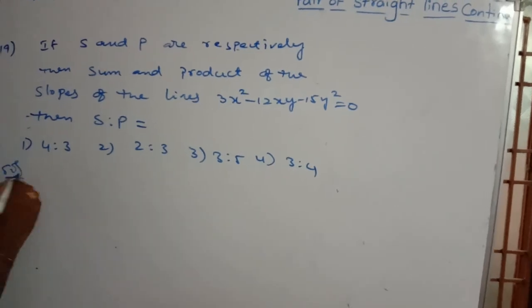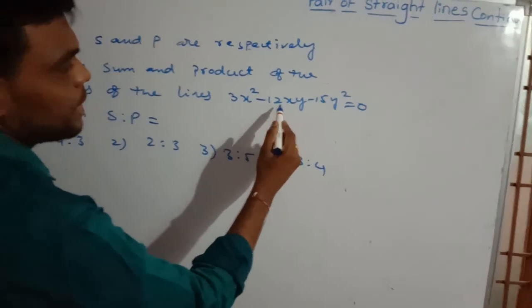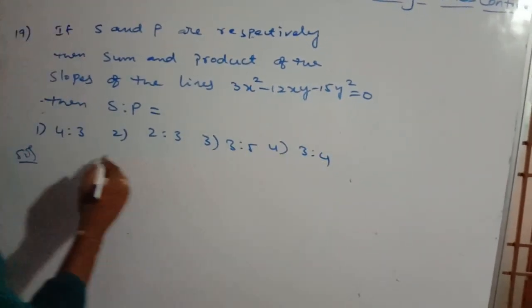Now we observe the line 3x square minus 12xy minus 15y square is equal to 0.